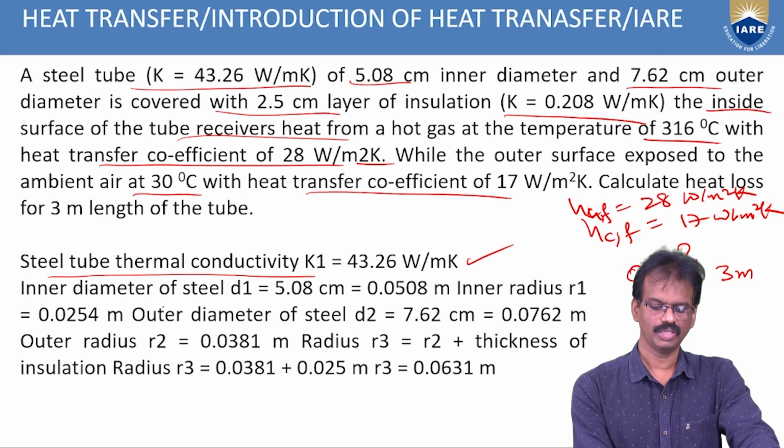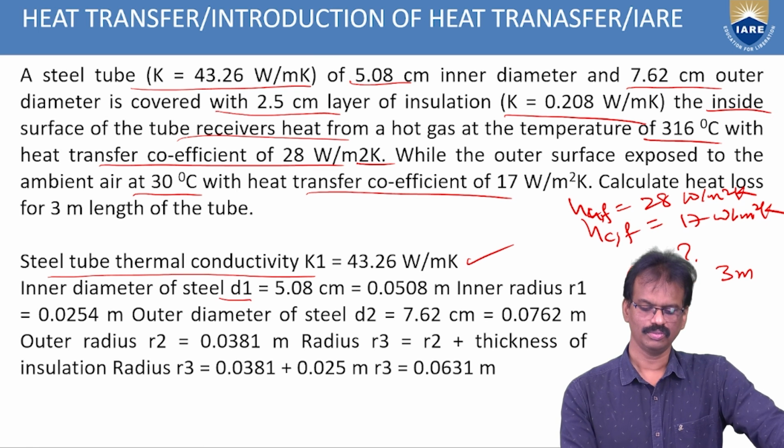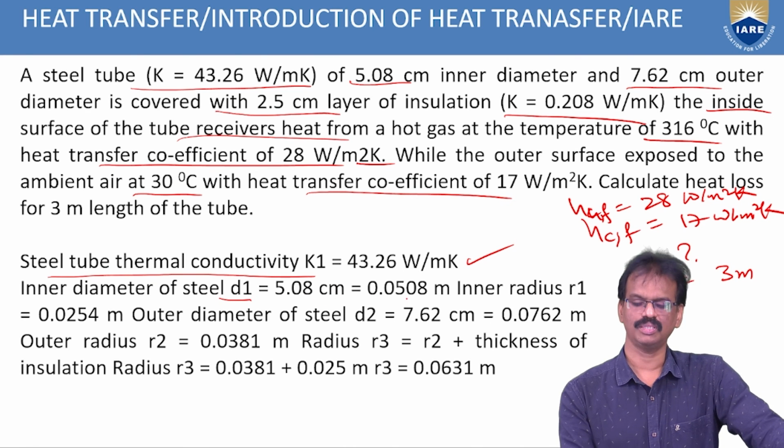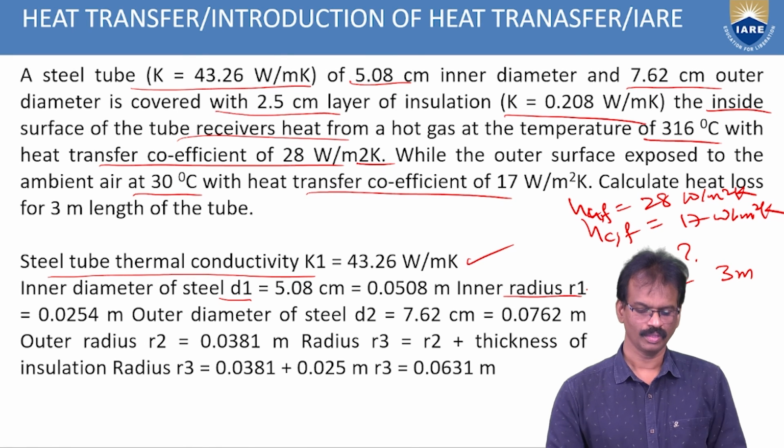The inside diameter of the steel tube is D1, that is 5.06 centimeter, converted to meter. Then we can find the radius also, the inner radius, that is R1.